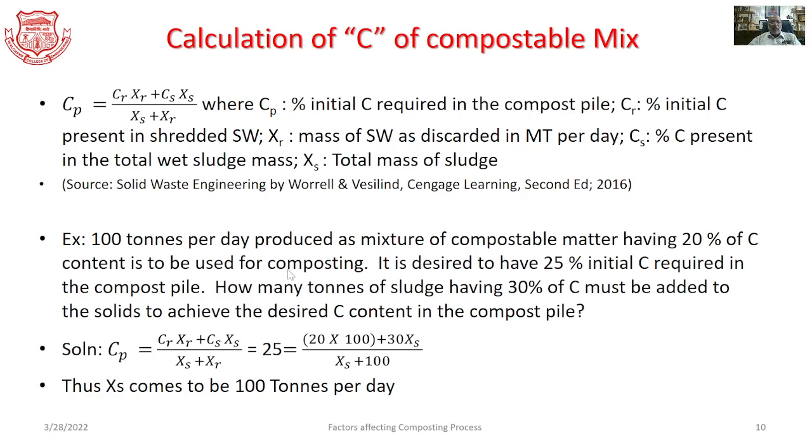So, for the given data, if we consider this Cp, which is required to be maintained as 25, we can work out the quantity of the sludge to be added as 100 tons per day.